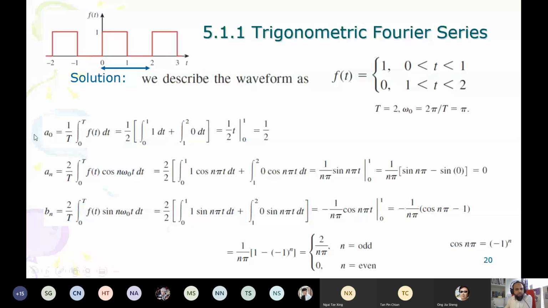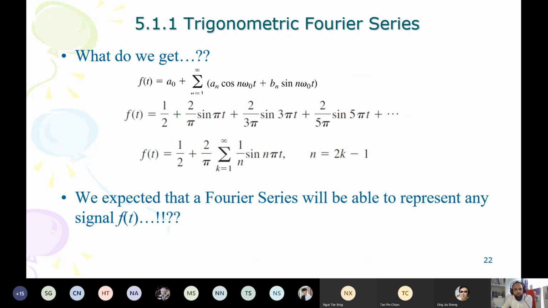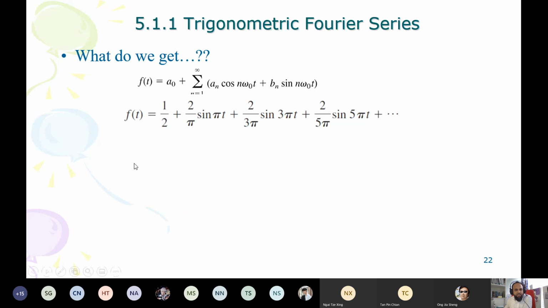until this far we only found A naught, An and Bn's. A naught is 1 upon 2, all the An's are 0 and Bn's are these values, right? So this is not the Fourier series, these are the Fourier series coefficients. Once we have found all the coefficients, we actually place them in this expansion.